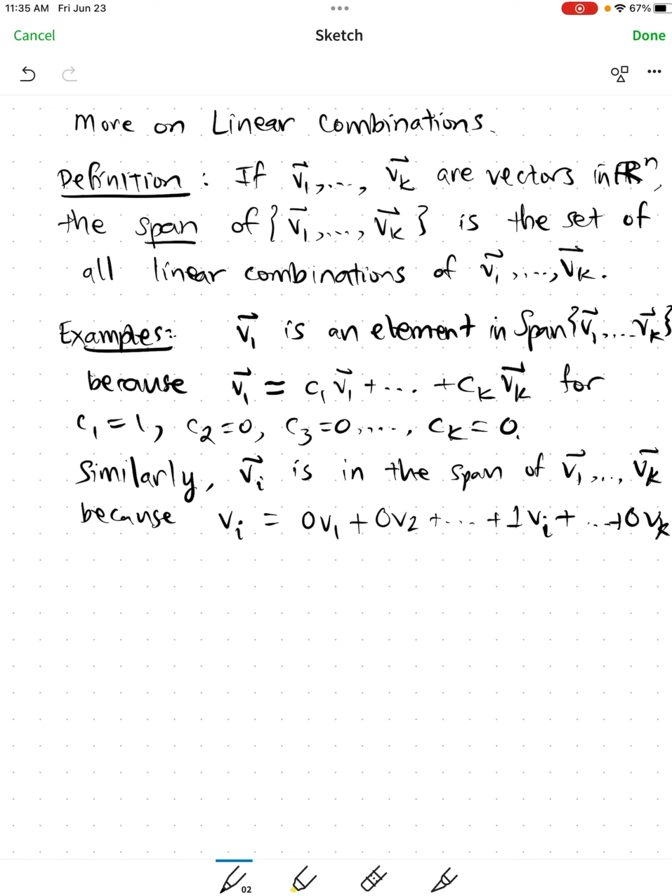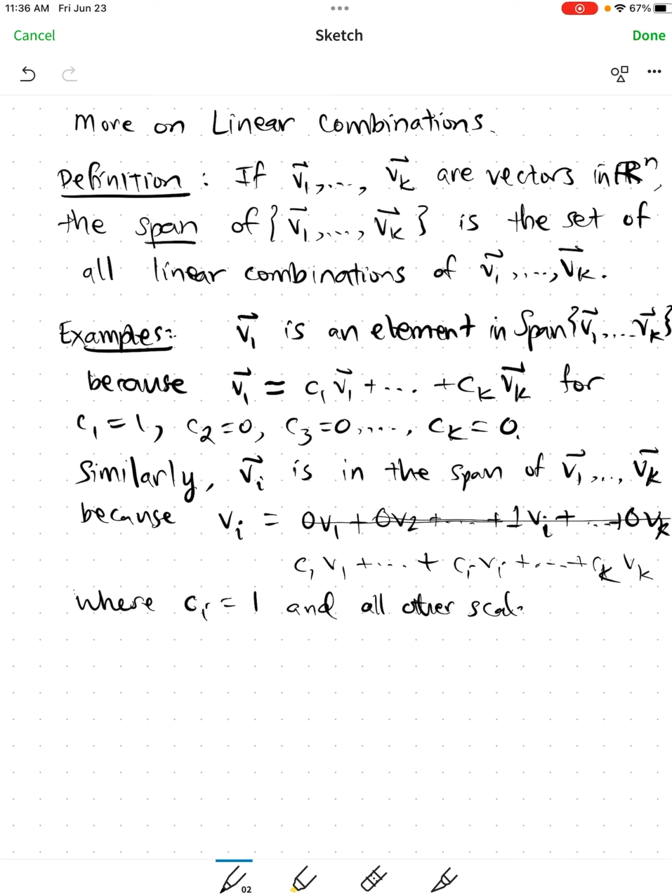This might be kind of unclear, so it might be more accurate to say this is equal to C1 V1 plus dot dot dot plus Ci Vi plus dot dot dot plus Ck Vk, where Ci is 1 and all other scalars are 0.